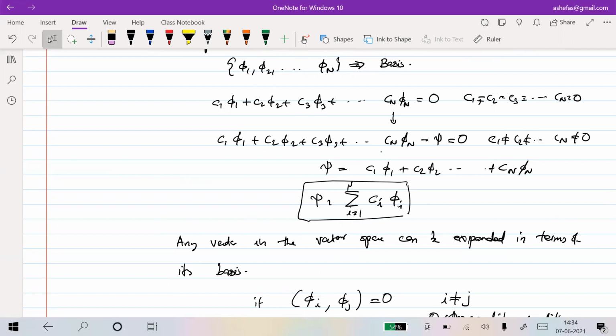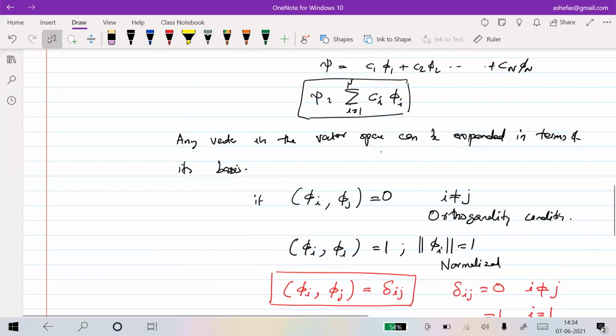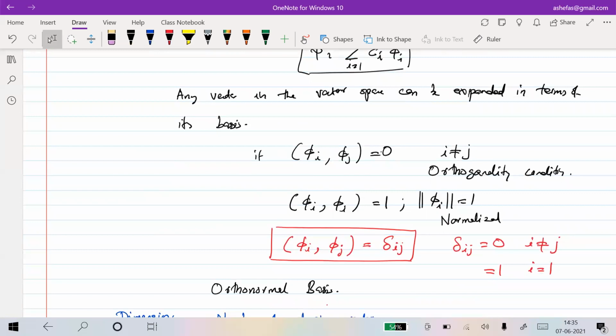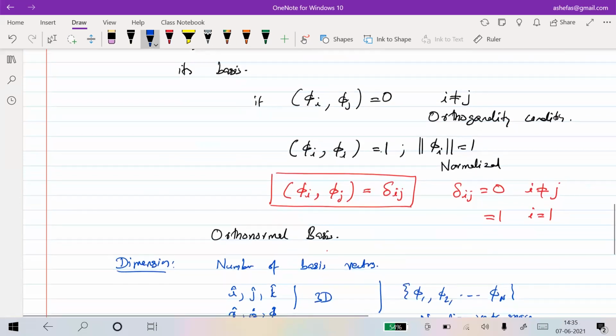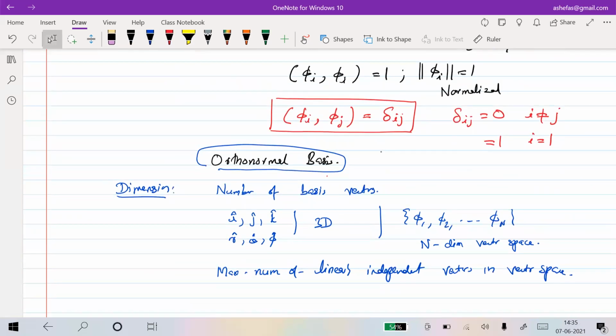That is the main idea. A basis is called orthonormal if it satisfies the orthogonality and normalization conditions. And finally, the dimension means the maximum number of linearly independent vectors, or the number of basis vectors, in a vector space.